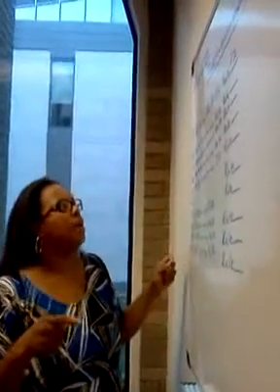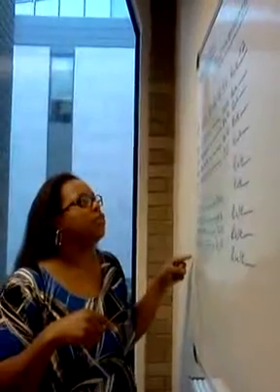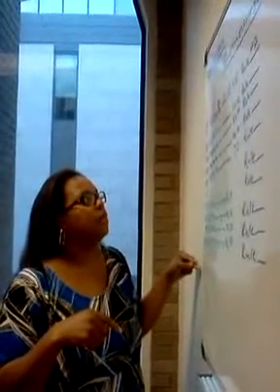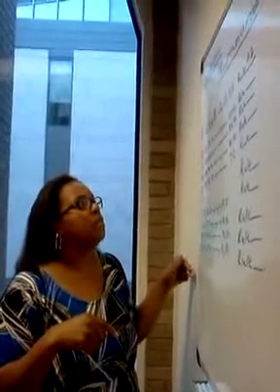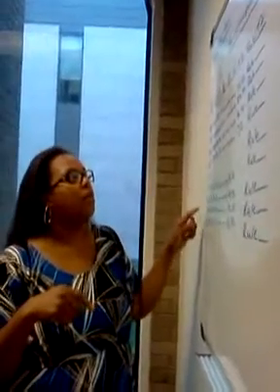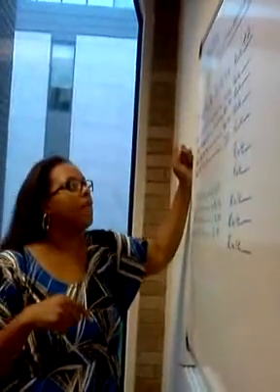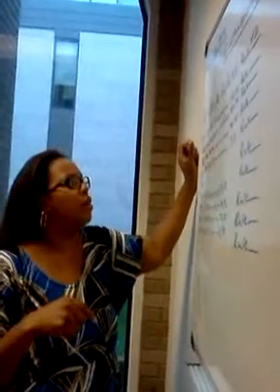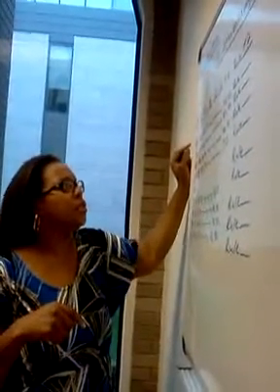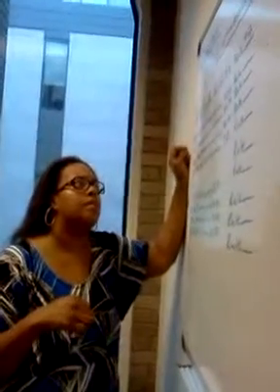Let's try it. 21, so we count 22, 23, 24. Now we count from 24, and we've got to get to 27. 24, 25, 26, 27.